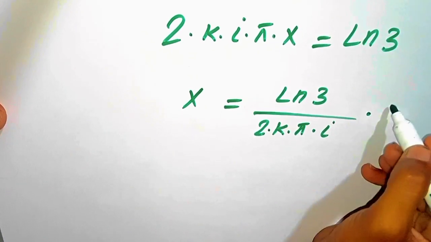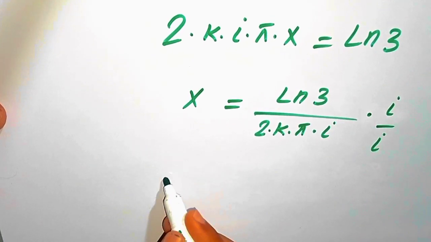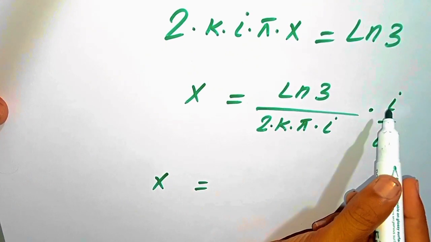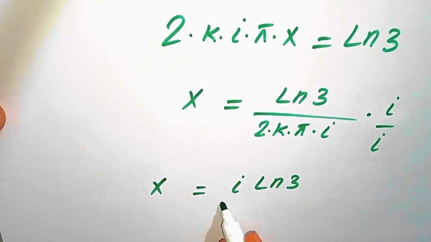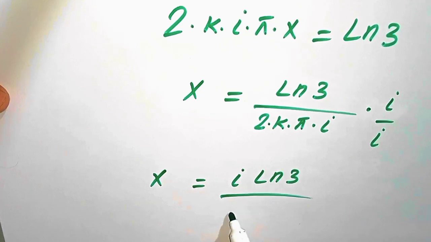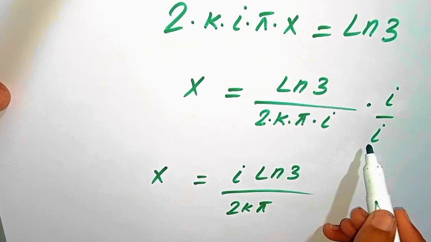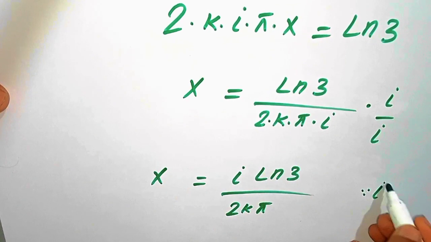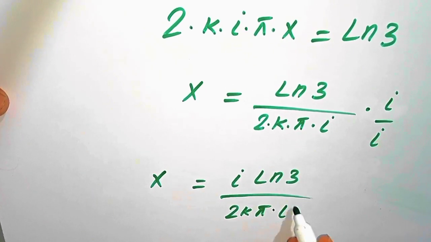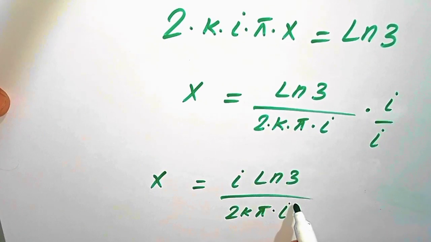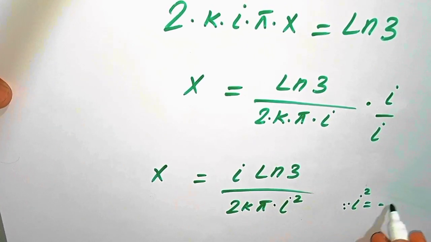We multiply iota on the upper side and on the lower side as well. So x is equal to iota ln 3 over 2k pi, and iota times iota gives iota square, and we know that the value of iota square is minus 1.